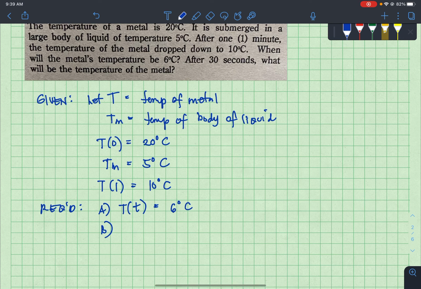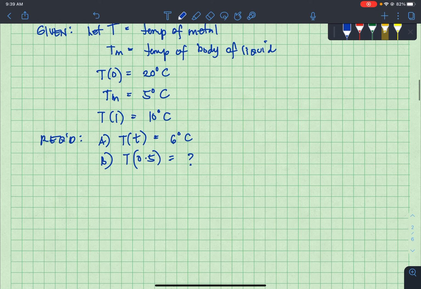The next one is after 30 seconds, what will be the temperature of the metal? We have to take note of the consistency in the use of units. We are using minutes in the given, so if that is 30 seconds, that would be 0.5 of a minute. So what would be that temperature? This is a very direct problem.